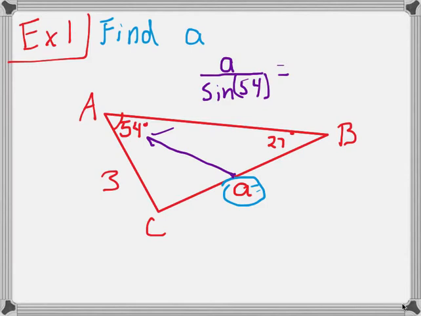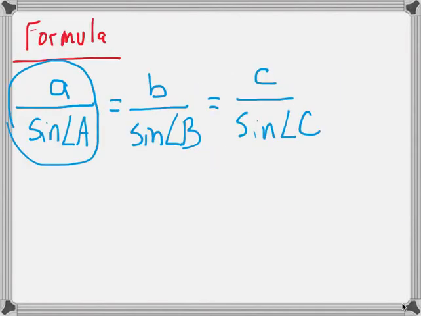We're going to set that equal to, what are we given? To complete this ratio proportion, I have to have a side with its opposite angle. I have to have one of these two ratios in order to use law of sines.